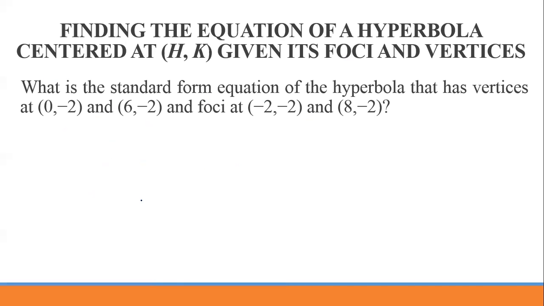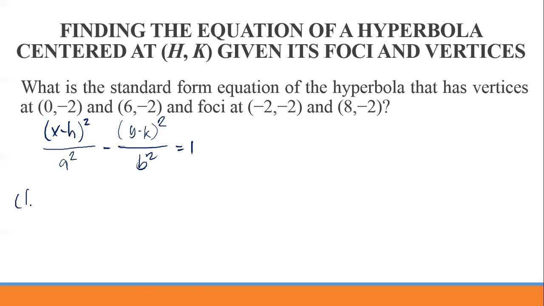Thus, the equation of the hyperbola will have this form: (x - h) squared over a squared minus (y - k) squared over b squared equals 1. So, first, we identify the center. Identify muna natin yung center (h, k).